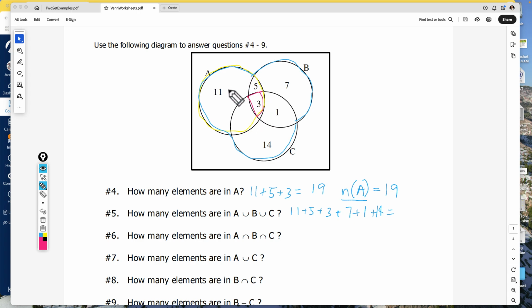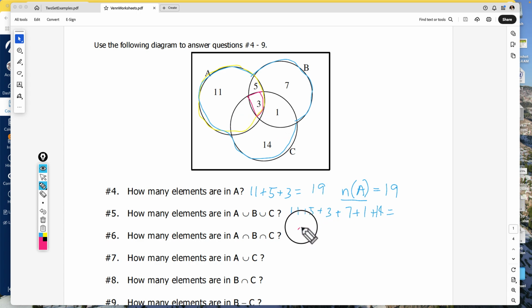The 5 is an intersection of A and B, but it's not in C, so it would get left out. You could do this in order: A intersect B would be both 5 and 3. But then when you intersect it with C, you lose the 5. Only 3 is in that 3-way intersection, right? Three streets coming together, and there's nothing else there.